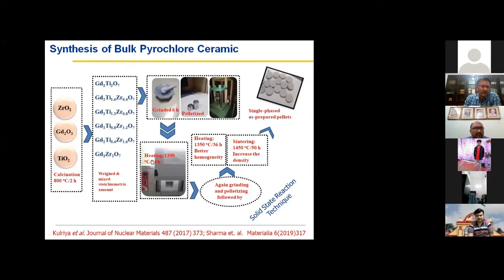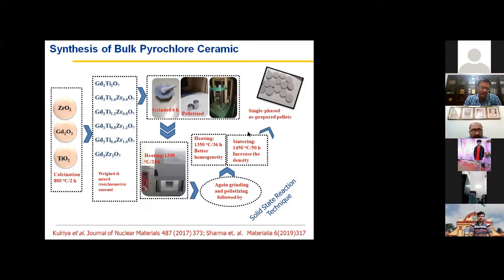Then we did grinding and put it in a furnace at 1200 degrees centigrade for 24 hours. After that, we did X-ray diffraction and checked the phase, and the phase was not pure. So again we did the grinding, and for the second heating we put it at 1350 degrees centigrade for 36 hours. After that, from X-ray diffraction, we got a single phase.